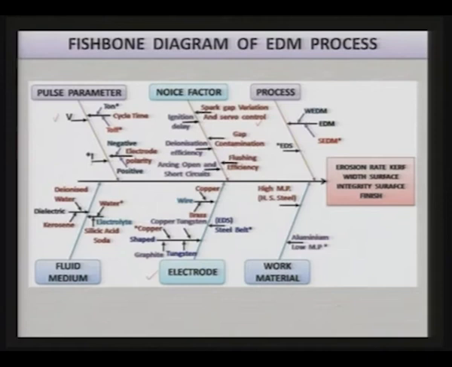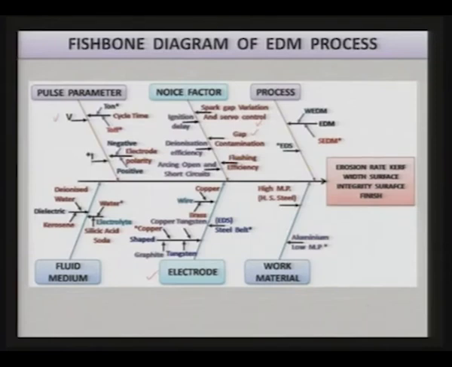It will decide what is going to be the total cycle time required for machining or shaping and sizing a component. This is very much dependent on the servo control also. Another important point that we have discussed is the gap contamination.